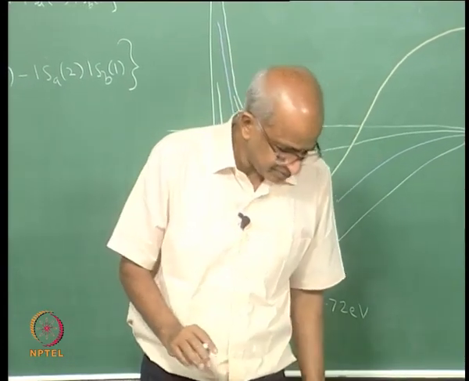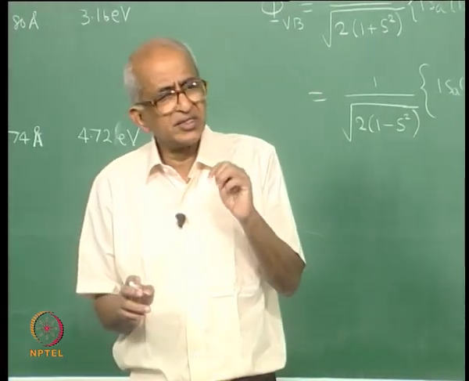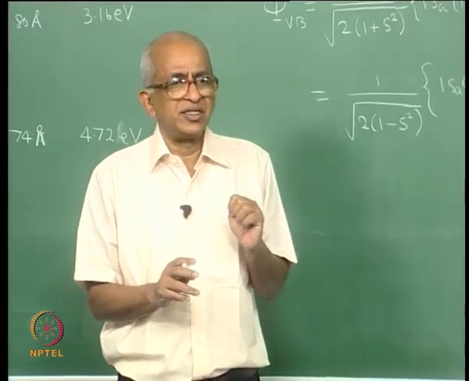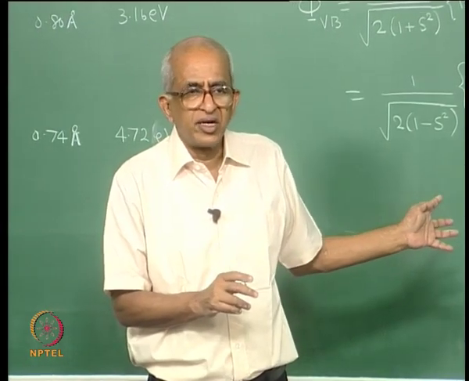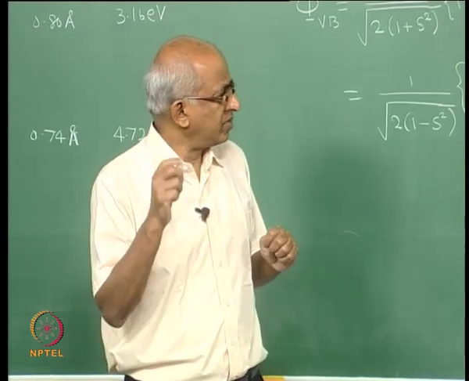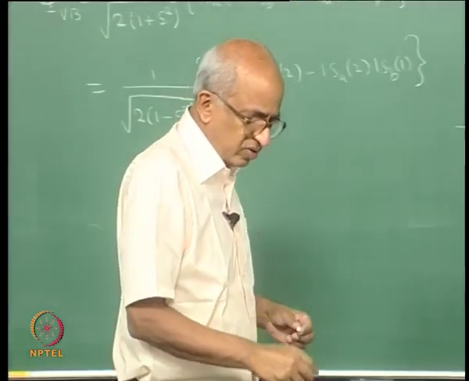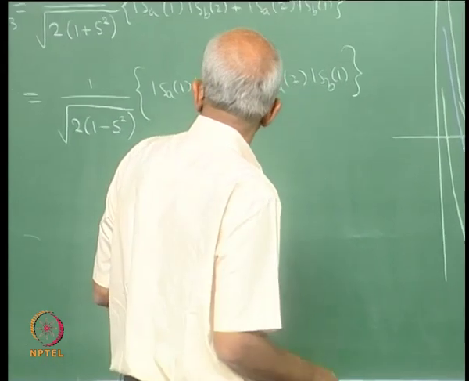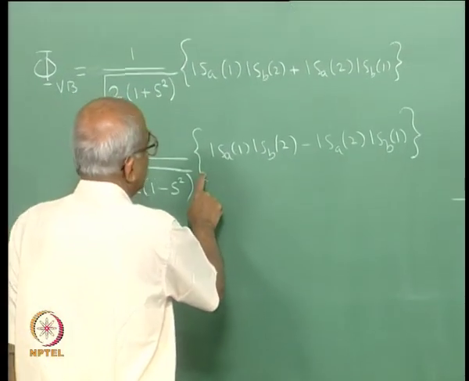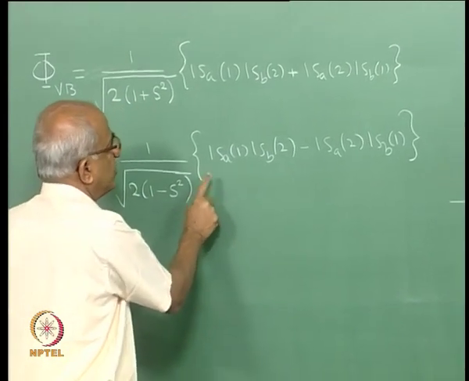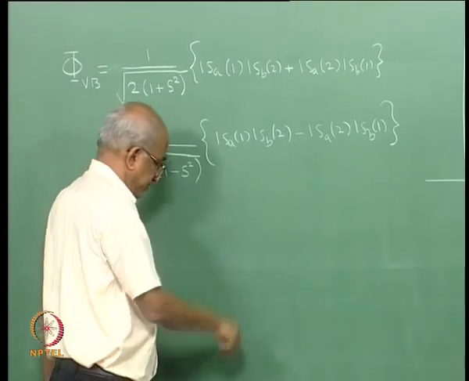But before I do that, we have to understand why the molecular orbital method gives a totally wrong dissociation limit. We will try to understand that. So, we look at the molecular orbital wave function. Oh, before I go into that description, I should also tell you what happens if you did a variational calculation using this as the trial function.